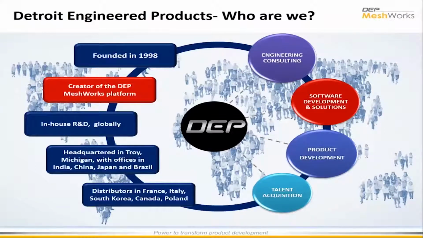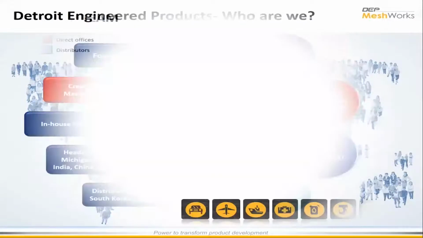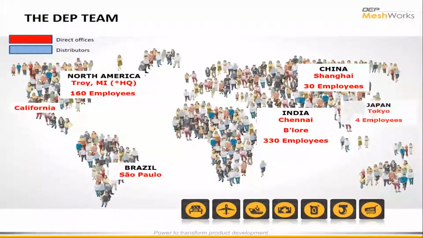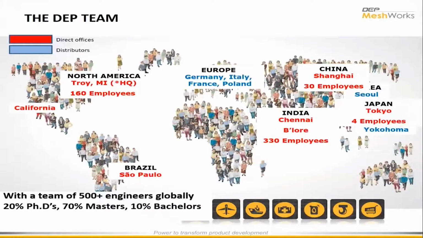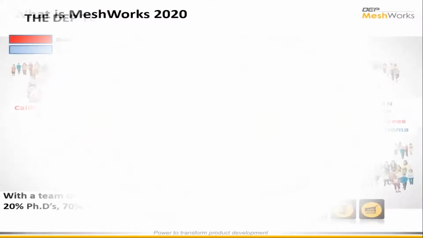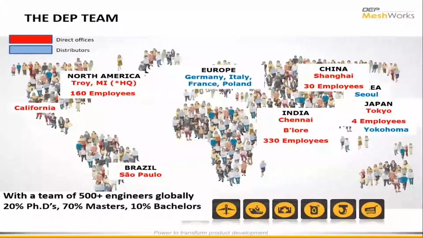DEP is comprised of 4 groups, including our engineering consulting and analysis group, our product development team that helps OEMs, suppliers, and investors bring specialty products to market, such as our engine ion sensor for reduced emissions and improved fuel economy, our MeshWorks software division, and our staffing and contracting team. So without further delay, we hand the baton over to Raj.